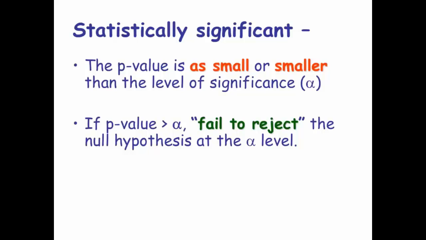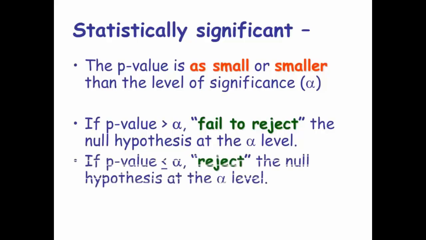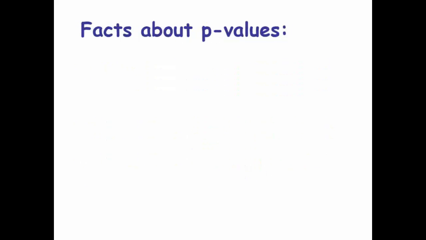We claim that we failed to reject the null at that given level. If the p-value is in fact less than alpha, then we reject the null at that given level. So again, the p-value dictates whether we reject or fail to reject the null, based on whatever the null level is.